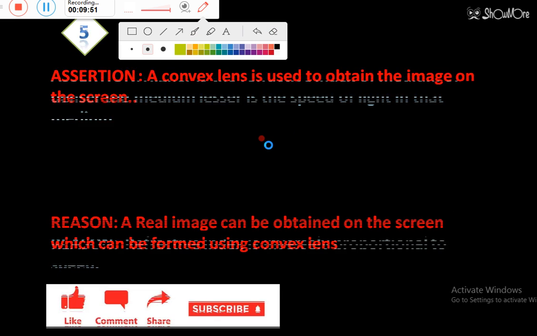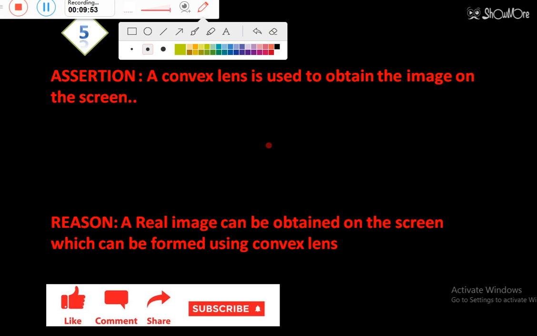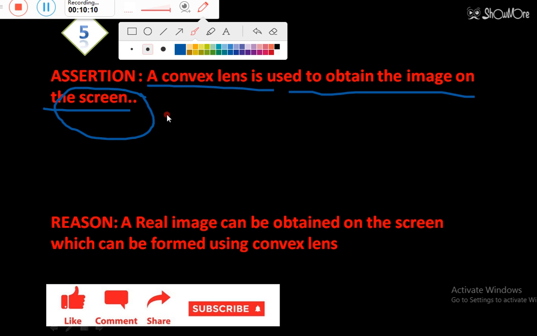In this video we will discuss approximately 14 questions. So now question number 5. In the assertion, a convex lens is used to obtain the image on the screen. If you want to obtain the image on the screen, then we know only real images can be obtained on the screen.